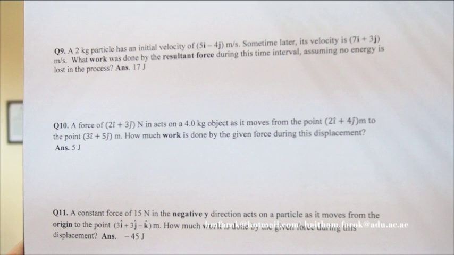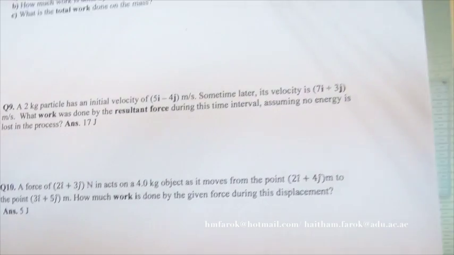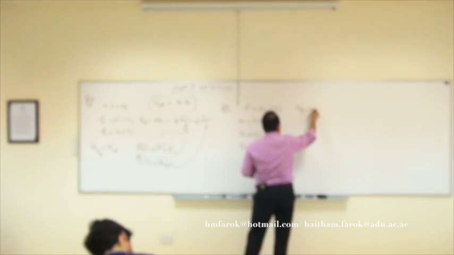So the mass is 4 kilograms. And it moves it from point 2i plus 4j in meters to a point 3i plus 5j meters. The question is, how much work is done by this force during this displacement? Find the work of F.